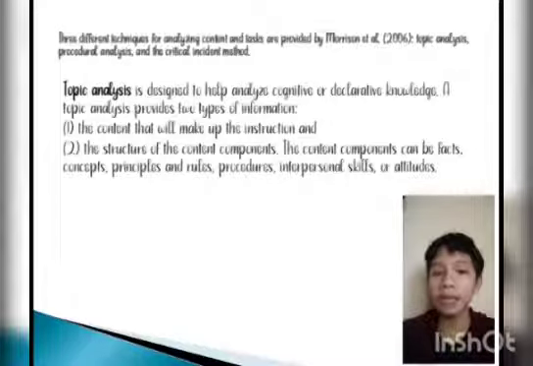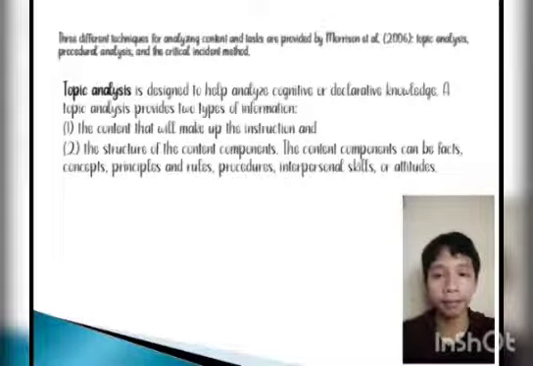A topic analysis provides 2 types of information: 1. The content that will make up the instruction, and 2. The structure of the content component. The content component can be facts, concepts, principles, rules, procedures, interpersonal skills, or attitudes.